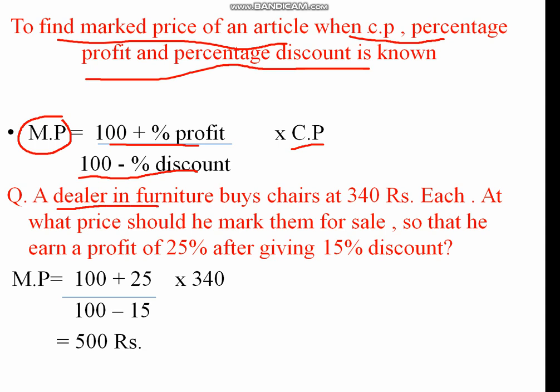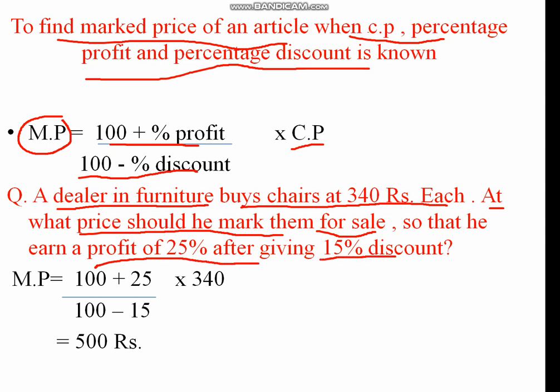A dealer in furniture buys chairs at 340 rupees each. At what price should he mark them for sale so that he earns a profit of 25% after giving a 15% discount? Cost price of a chair is given, 340 rupees each.